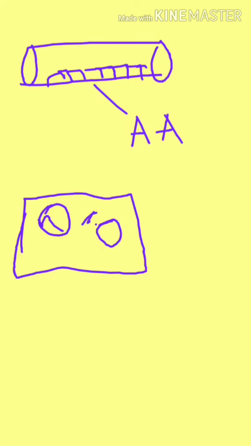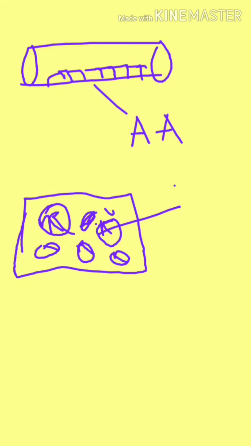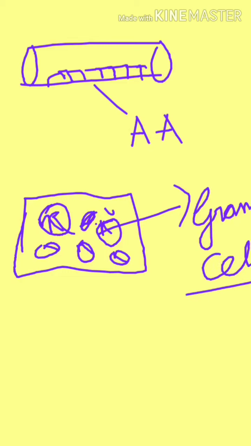Inside the JG cell, granules will be present, and within the granules renin is stored. So we can say that another name for JG cells is granular cell. My handwriting is terrible here. Anyways, the JG cells have the granules which release renin.